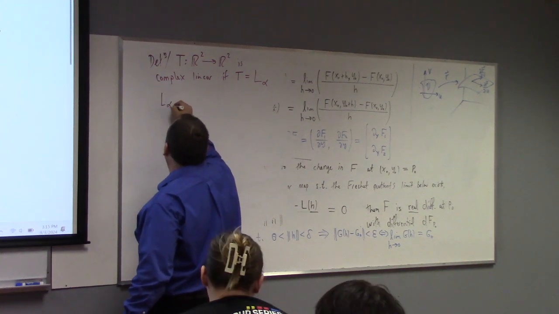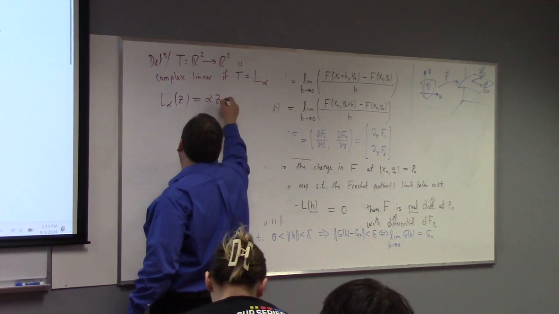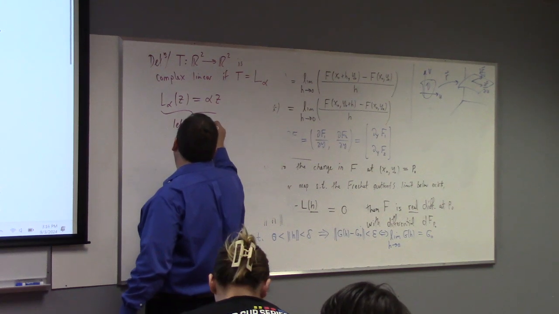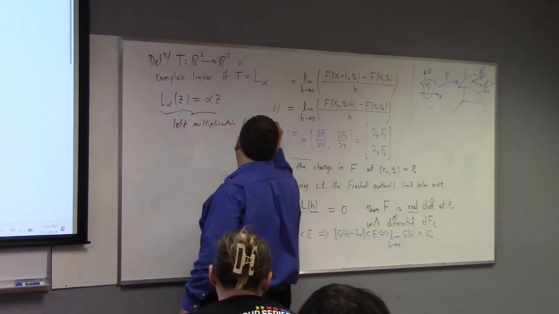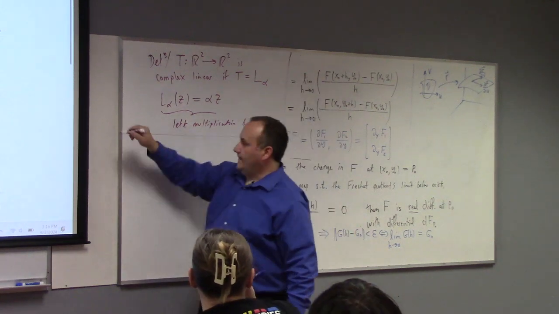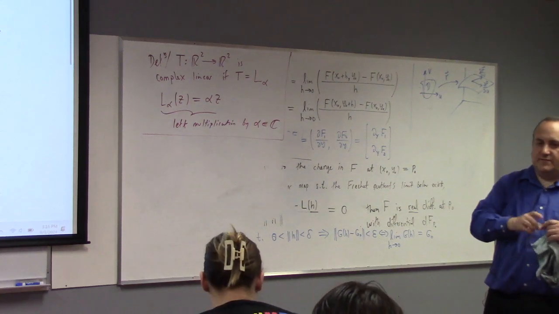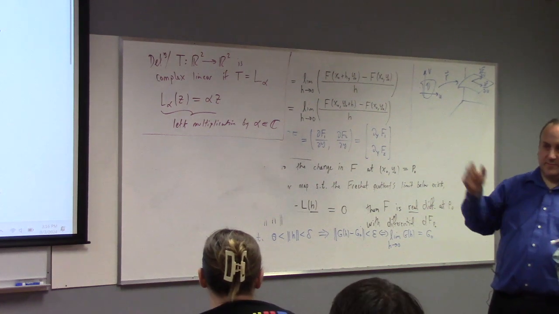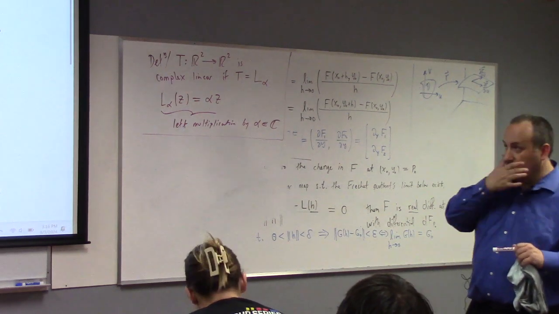So L of alpha acting on z is equal to alpha z. This is just left multiplication by alpha, which is a complex number. A function is said to be complex linear on the plane if its formula can be constructed as multiplication by a complex number. This is what I mean by complex linear.